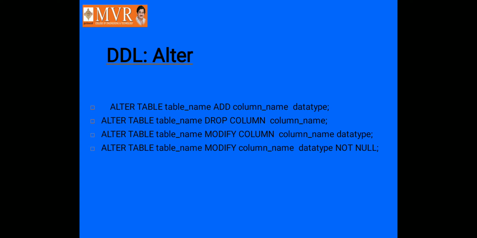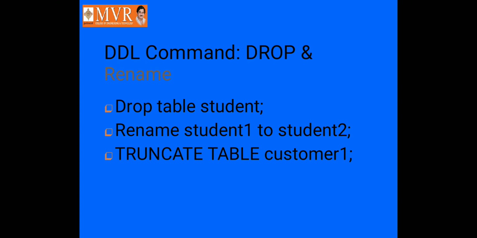What are the options used in the alter? One is you can add a column, drop a column or modify a column, and next is modify with a data type as not null, and next is drop and rename.